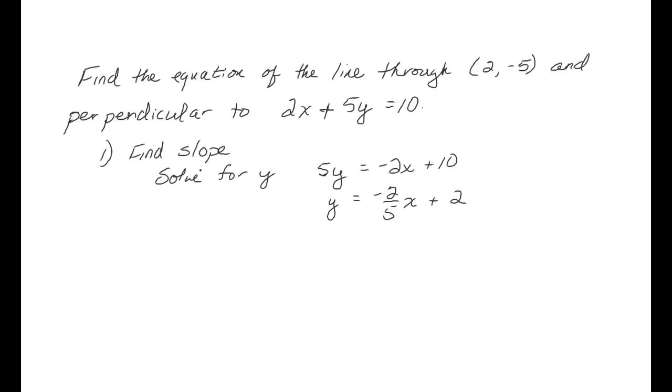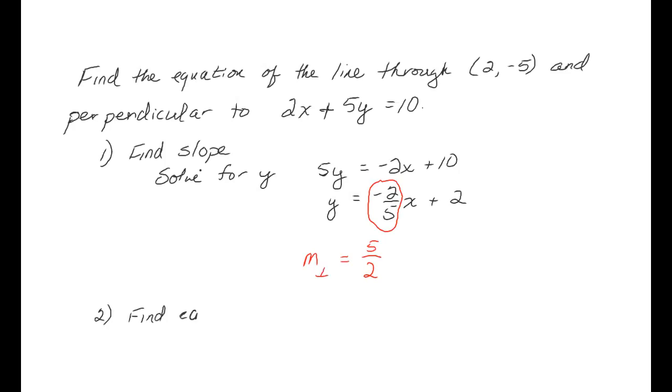And so the slope of that line is -2/5. And the slope of a perpendicular line, remember, was opposite and reciprocal, so 5/2. My little upside down t just means perpendicular. Okay, so you said you were good with that part. Yeah.